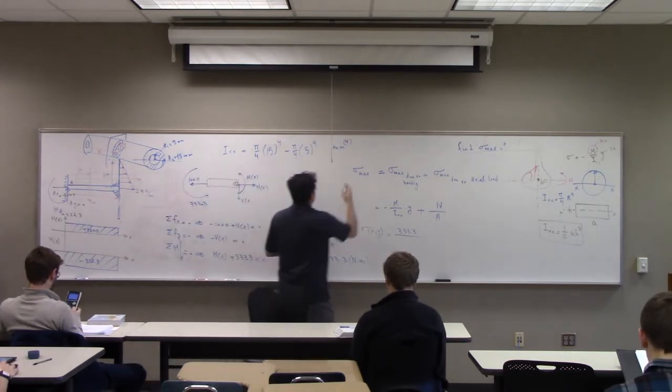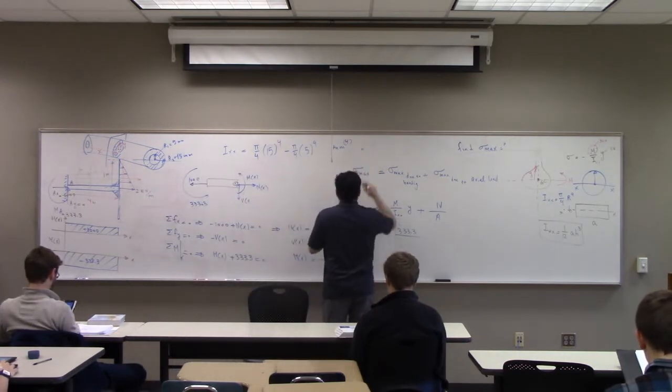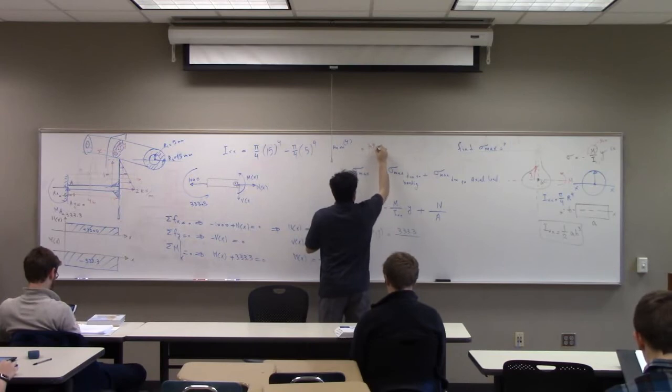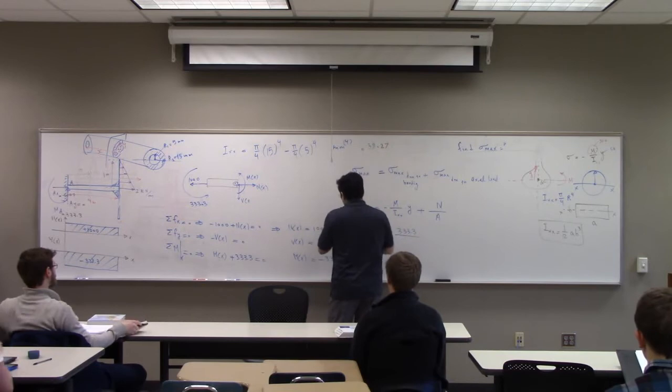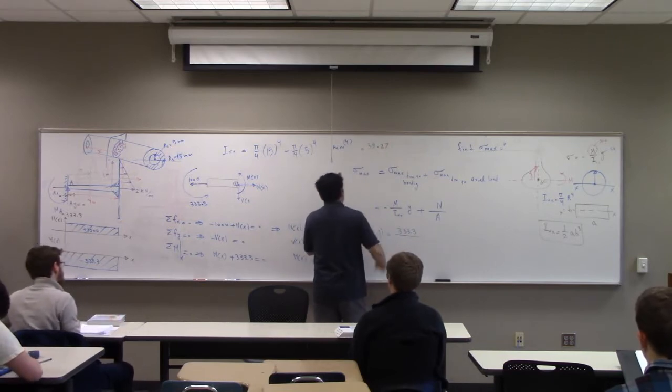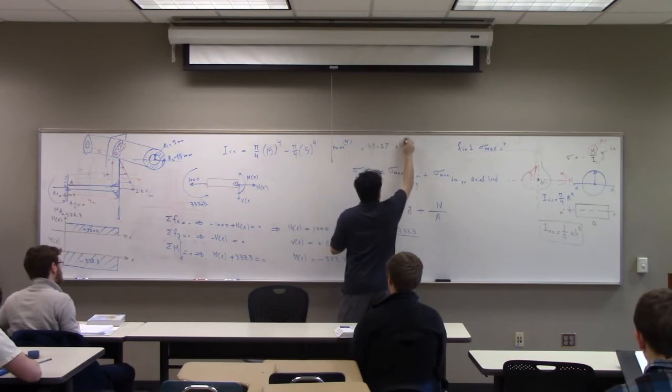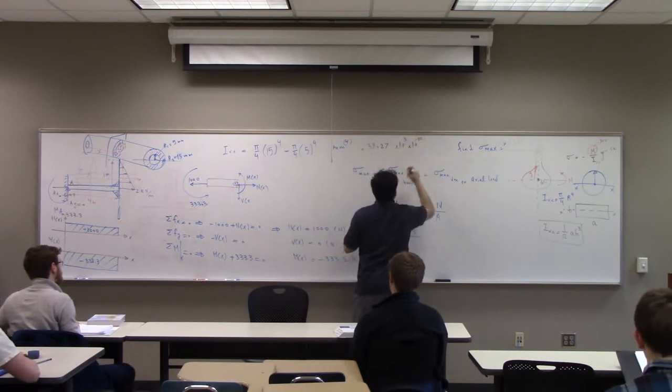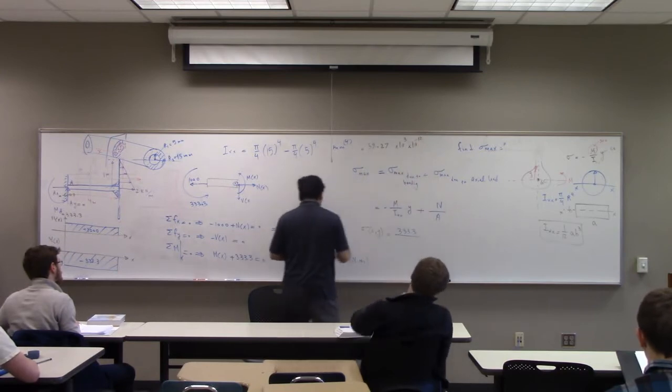So that is equal to 39.27 times 10 to the 3. Let's go ahead and multiply by 10 to the negative 12. And then I can put it here.